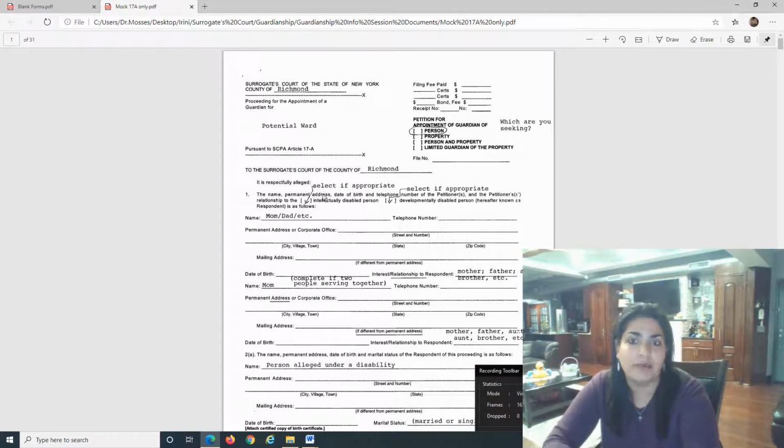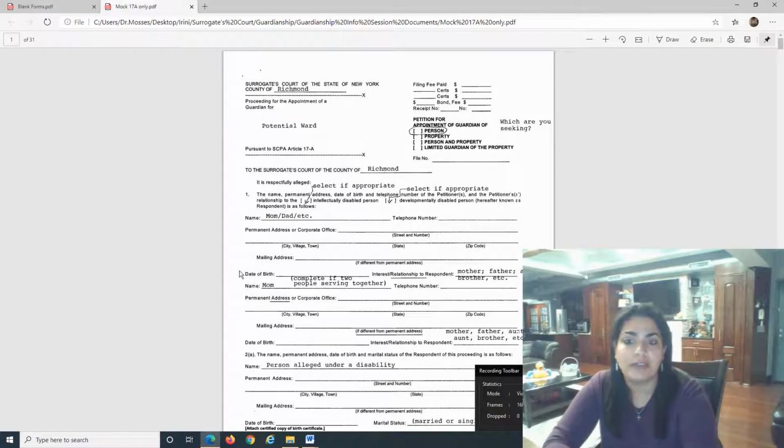It says the name and permanent address, state, date of birth, and telephone number of the petitioners are as follows, and your relationship. So you also have to designate whether or not your loved one is intellectually disabled, is developmentally disabled. It could be one, could be the other, or it could be both. So you have to select which one is appropriate right over here. So put a little check mark right here.